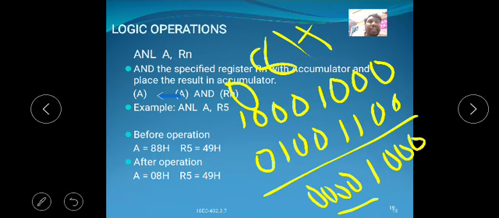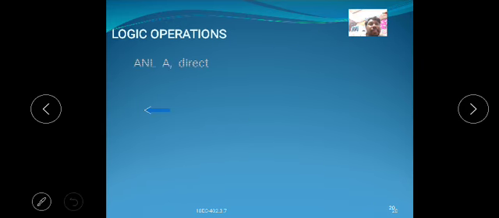So 08H is the result after the operation of ANL A comma Rn. Here, before the operation A is equal to 88H and R5 is equal to 49H. After the operation, A is equal to 08H and R5 is equal to 49H.